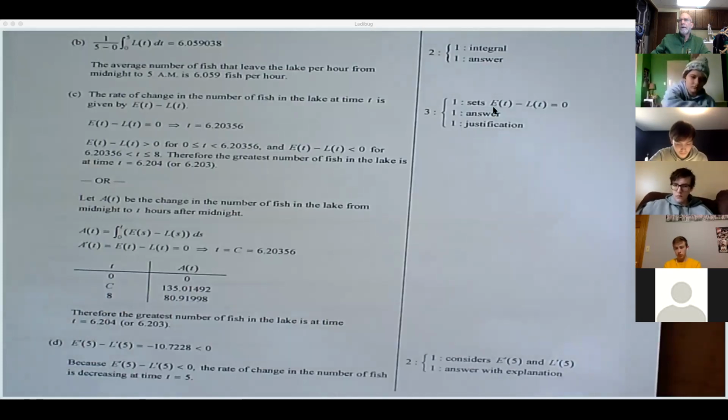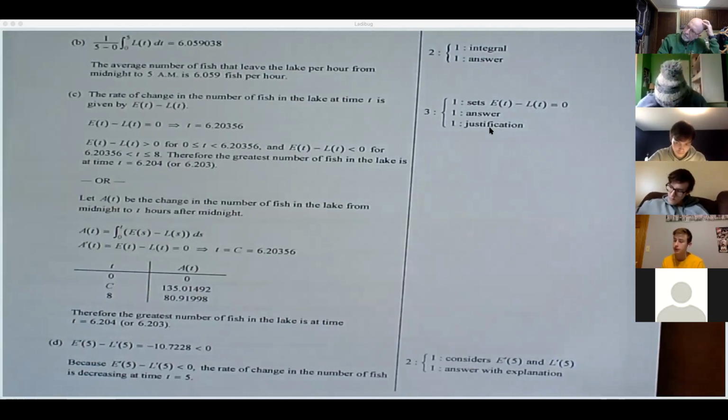So you need to have it set to 0. You need to come up with that 6.203 or 4. And then you need to justify why that gives you the maximum number of fish. So I said there's the greatest number of fish at t equals 6.204 because until that point, E of t is greater than L of t.